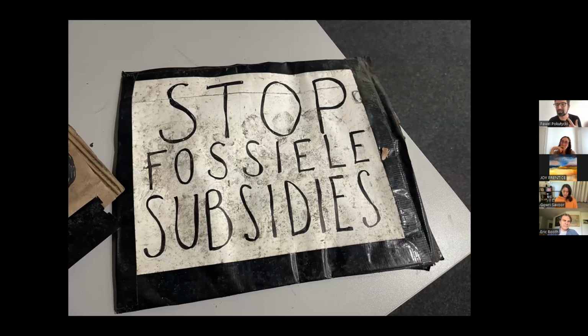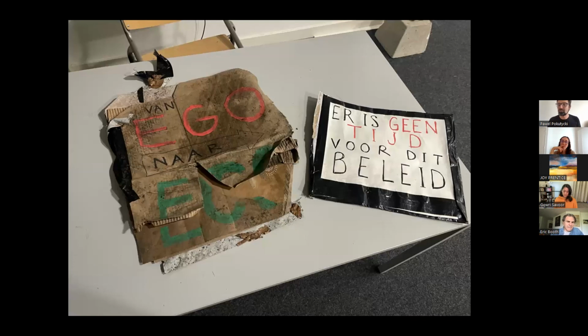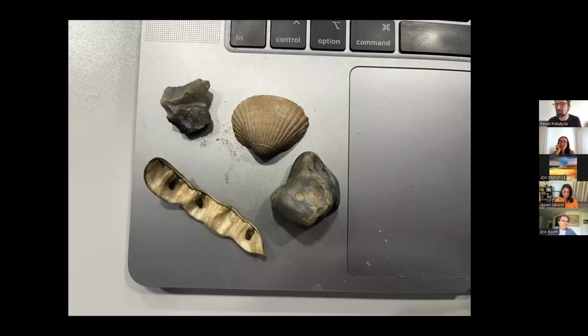"Stop subsidizing fossil fuels" is what's written on this board. So the observations around us were very influencing the discussions and reflections. Of course, collecting certain things that have certain beauty and could be an inspiration for an artwork.